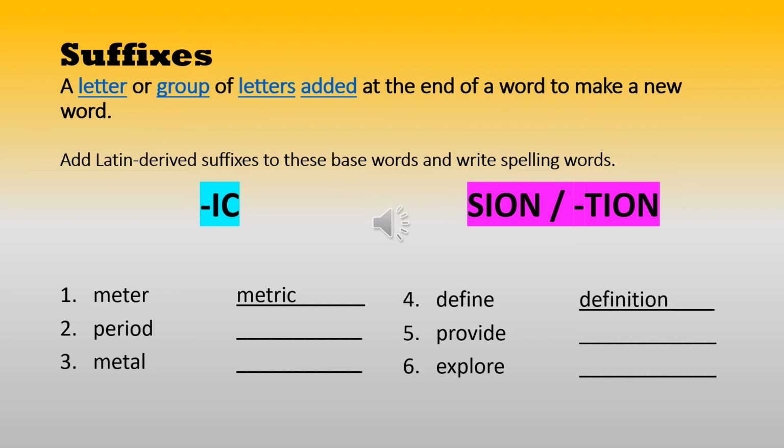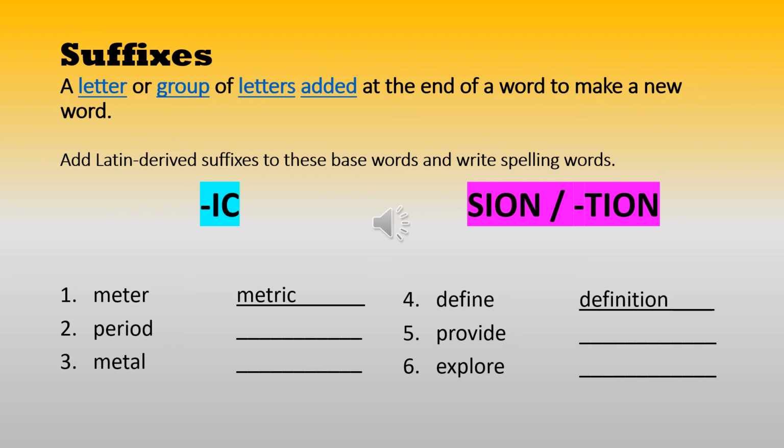A, E, I, O, and U. So the lesson says that we need to change the vowels, and that's what we did here. We are going to change the word meter by adding a suffix, which is IC, and the new word that we are going to have is metric.